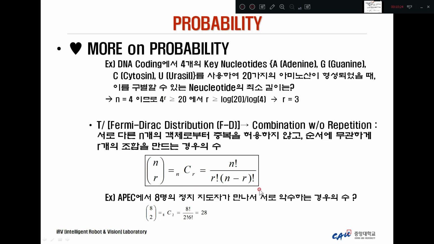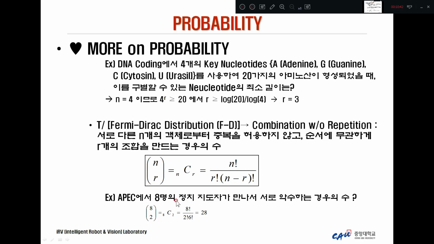So, for example, in the APEC Congress, we have 8 political leaders, and they are trying to shake hands with each other. What is the number of instances?